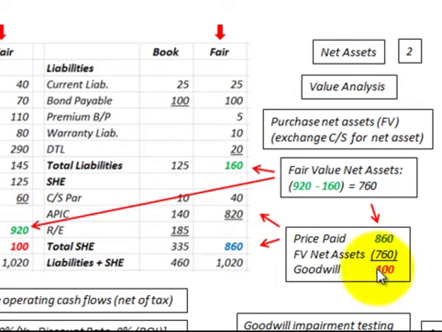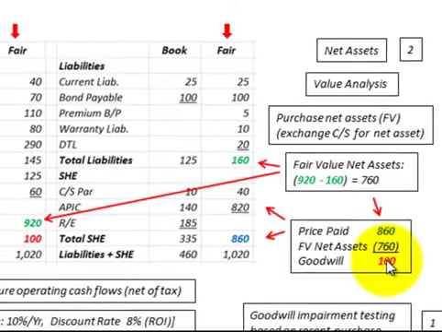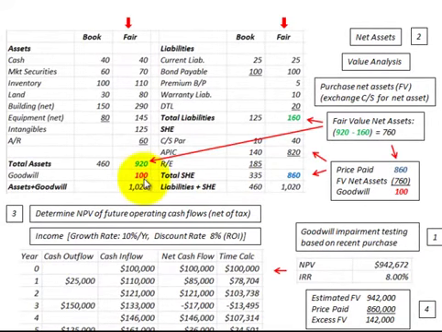So Corporation A only received $760,000 worth of fair value for these net assets, but they had to pay $860,000 for them. So this is where the goodwill is involved, and that was $100,000. And that goodwill is shown on the balance sheet for $100,000.